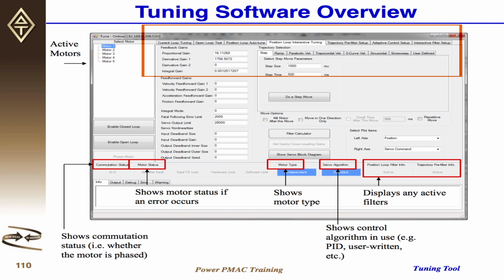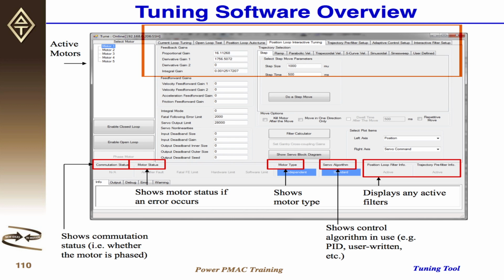And if you're commutating it via Power PMAC, you would first start tuning the current loop. And then you would check to see if your current loop is running correctly, or you can use the open loop test to understand the dynamics of your machine. And you can actually see if you have resonances at really low frequencies with the open loop test also.